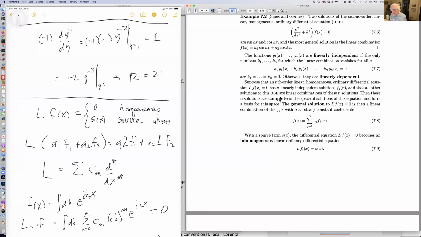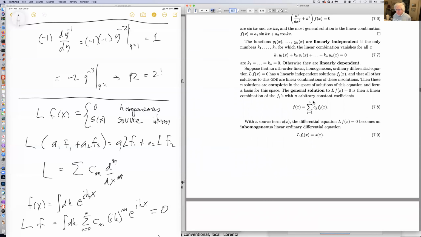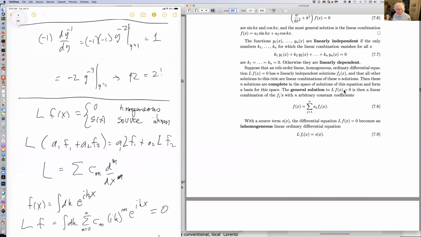So these n solutions are complete in the space of solutions of the equation, they form a basis, and then you can think of them as vectors, because the idea of a vector is extremely general. You can think of each of these functions as vectors. Anyhow, the most general solution of this is then a linear combination of these linearly independent solutions.